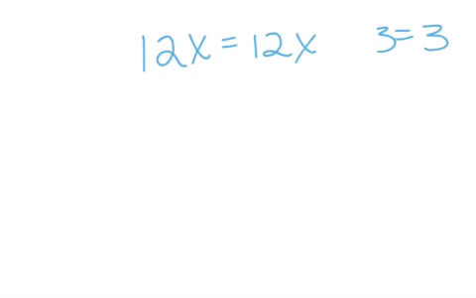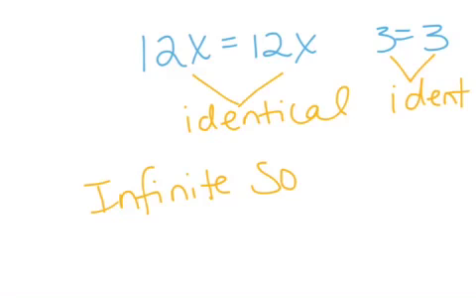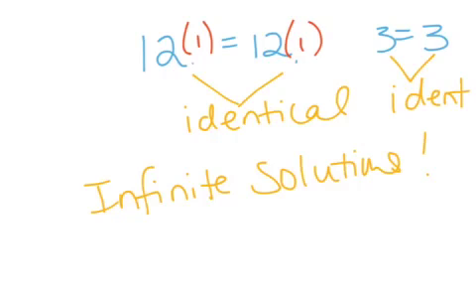If I get down to a problem that is 12x equals 12x or 3 equals 3, anytime it's identical on both sides of our equal, then it's infinite solutions. That means any number can be substituted in. So if I substituted in 1 for x, does 12 times 1 equal 12 times 1?